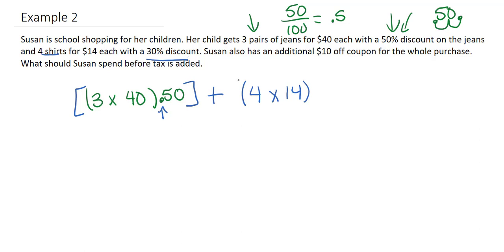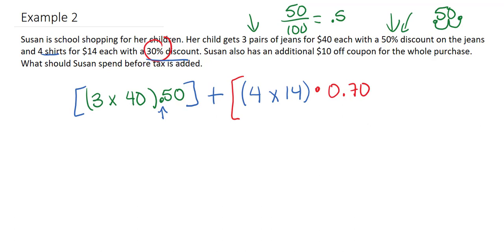So let's go ahead and close further brackets. Now, when you get a 30% discount, that means you're paying only 70% of the total of that price. So rather than finding what the 30% discount is and then subtracting that from the total of 14 times 4, let's just go ahead and multiply it by 0.70.